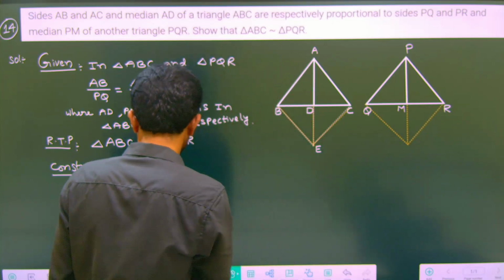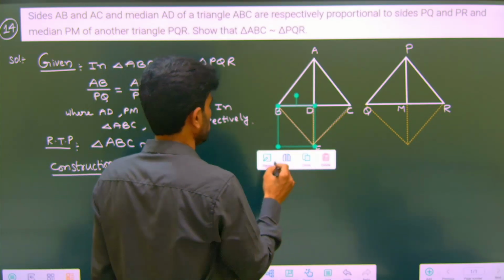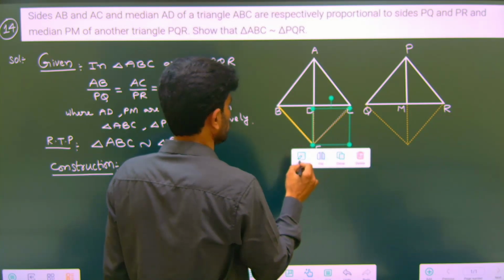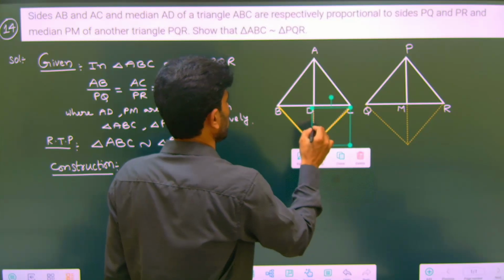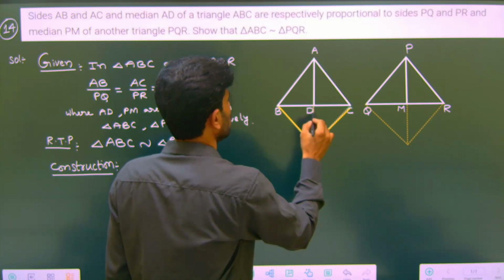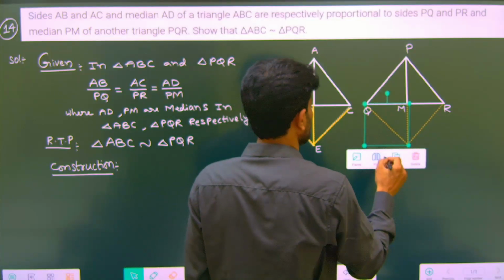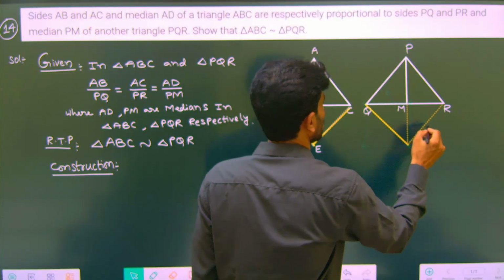Let's make it more visible so that you can understand what I am doing in the construction. So this is the construction you have to do here.